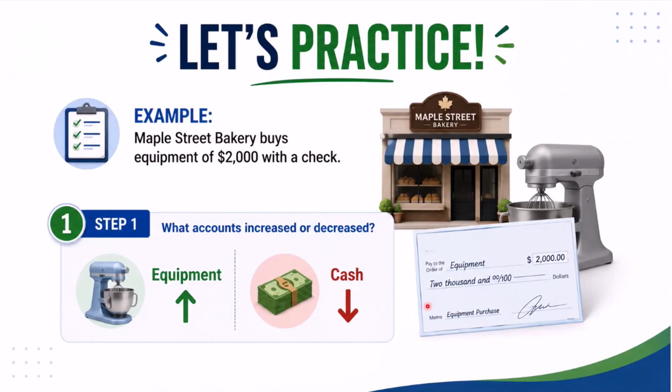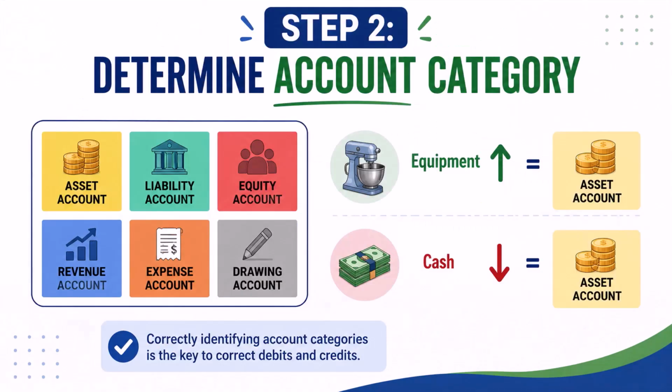So equipment increased and cash decreased. In step 2, the accountant determines the account category for the accounts that increased or decreased in step 1. In our example, we have equipment, which is an asset, and cash, which is also an asset.